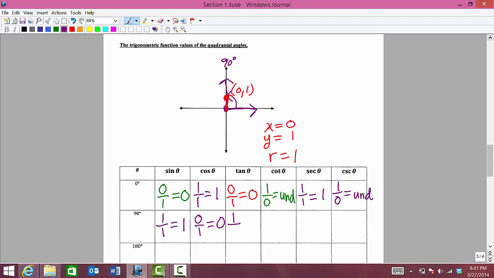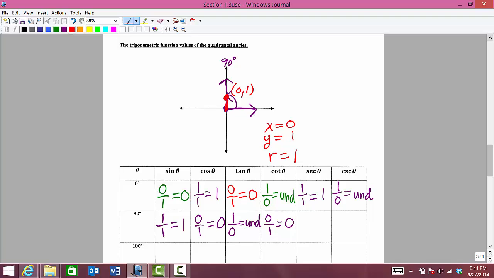So y is 1, x is 0, we get undefined here. Cotangent is a reciprocal of tangent, so that would be x divided by y, which is 0 divided by 1, which is 0. And that makes sense, that 0 and undefined would be reciprocal ideas of each other.